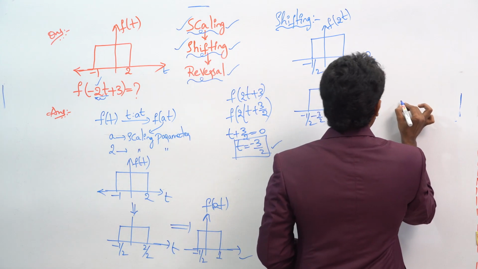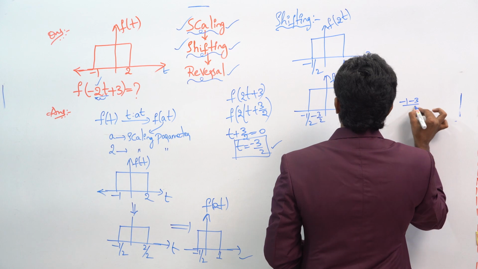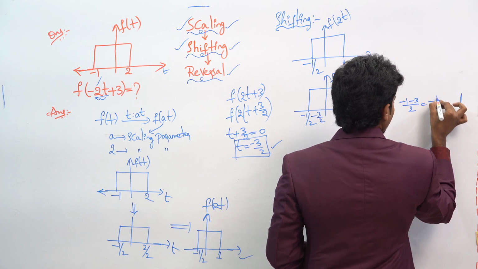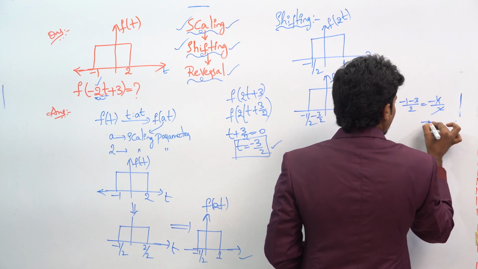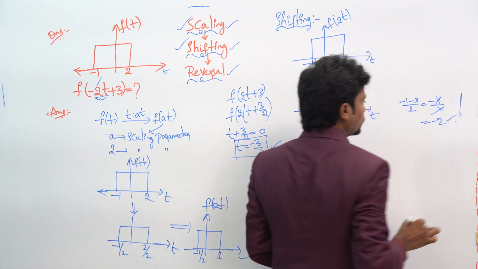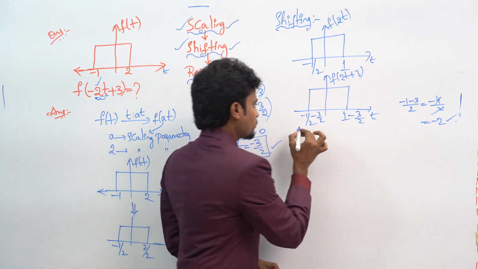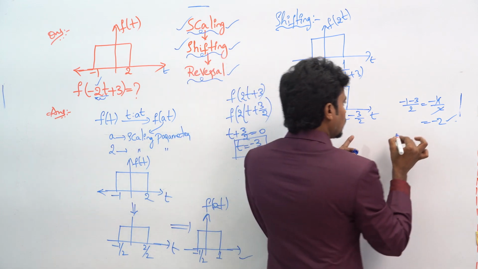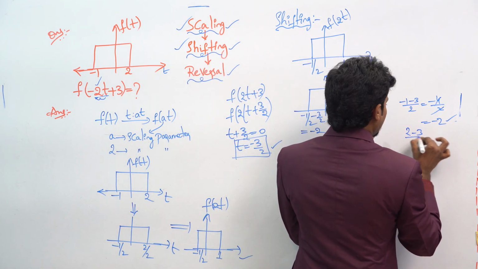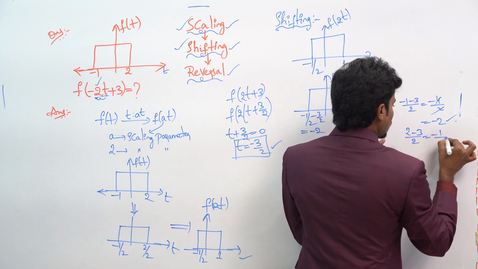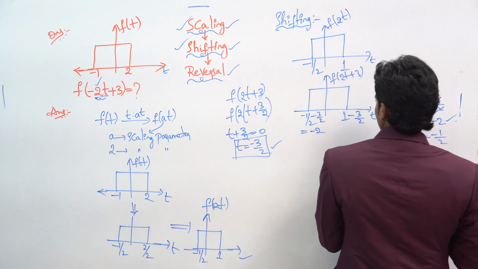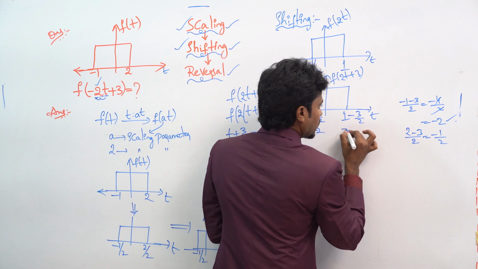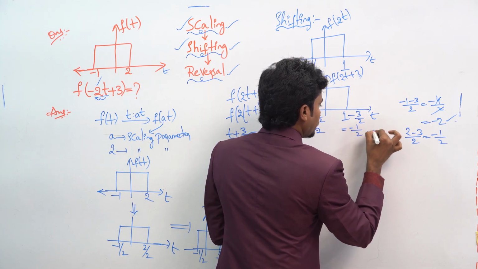Here minus 1 minus 3 divided by 2 is minus 4 divided by 2, that becomes minus 2. How much do we get? We get minus 2, and here 2 minus 3 divided by 2, that is equal to minus 1 divided by 2, right? We get minus 1 divided by 2.